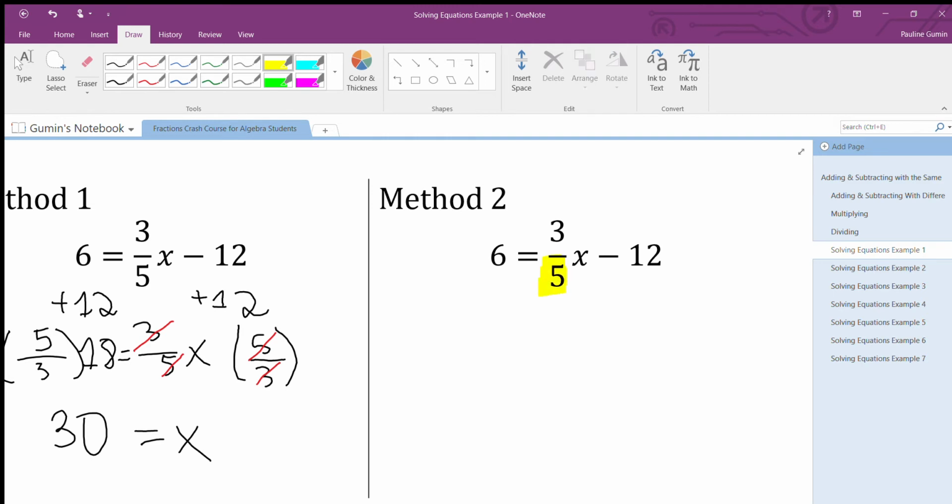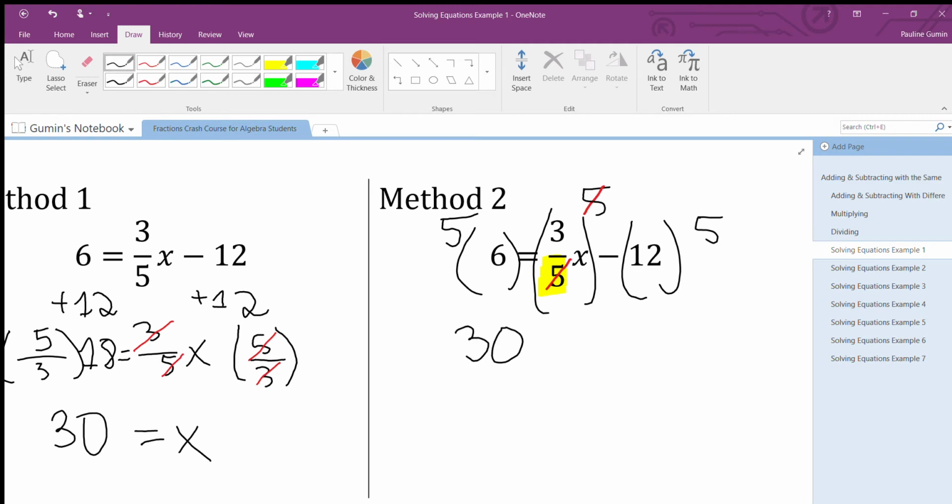Our denominator here is 5, so I'm going to multiply every single part of my equation by 5. It is going to make my equation 5 times bigger. However, these 5's cancel. We no longer have fractions to worry about. All right, so we have 30 equals 3x minus 60. And now we have a regular two-step equation.